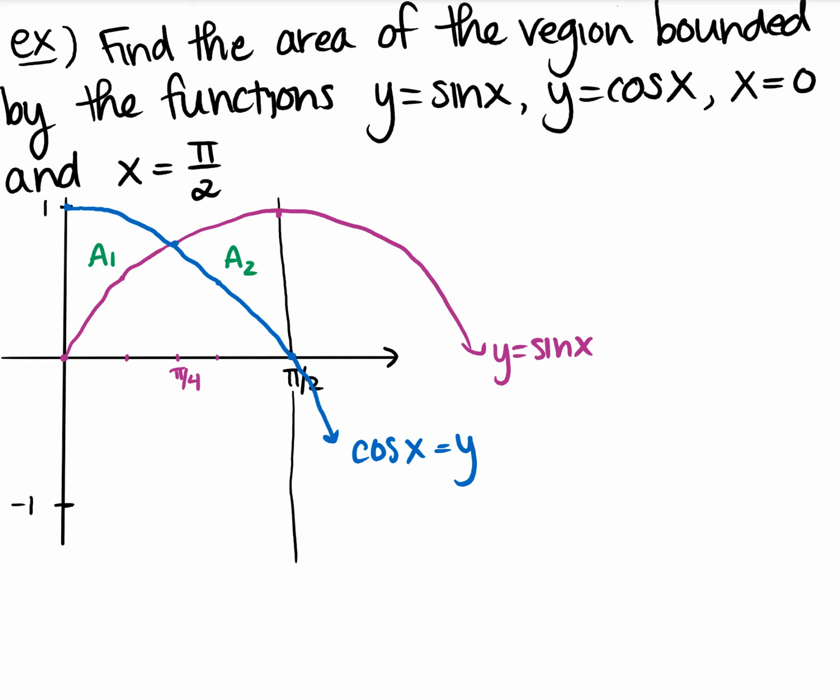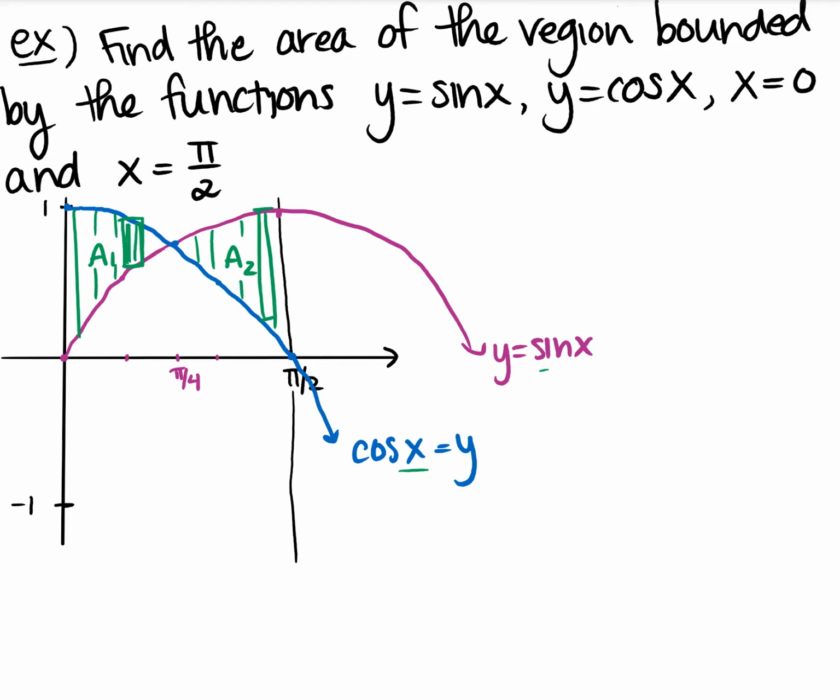Because if I take a representative rectangle right here for A1, cosine is greater than sine. I could draw a bunch of rectangles with no width. For A2, sine now becomes greater than cosine between pi over 4 and pi over 2.